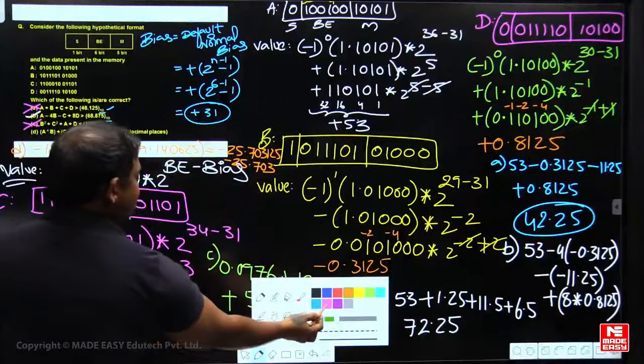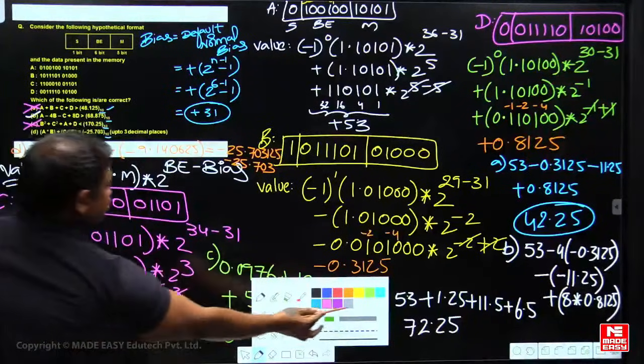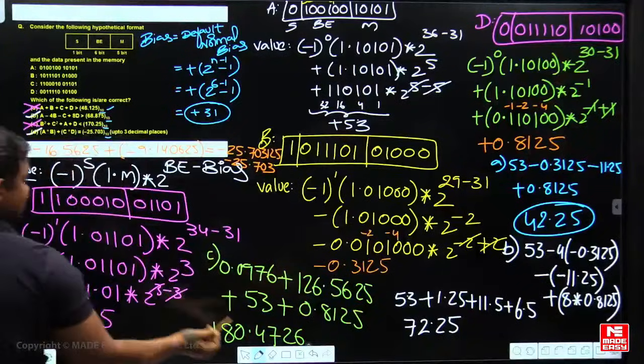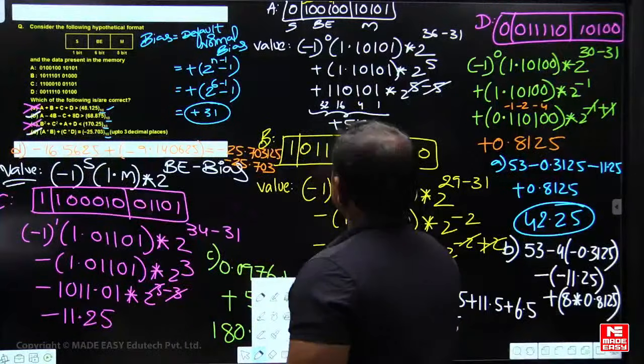Now what is the answer? Exactly, it is also matched. In this question, the correct answers are B and D.